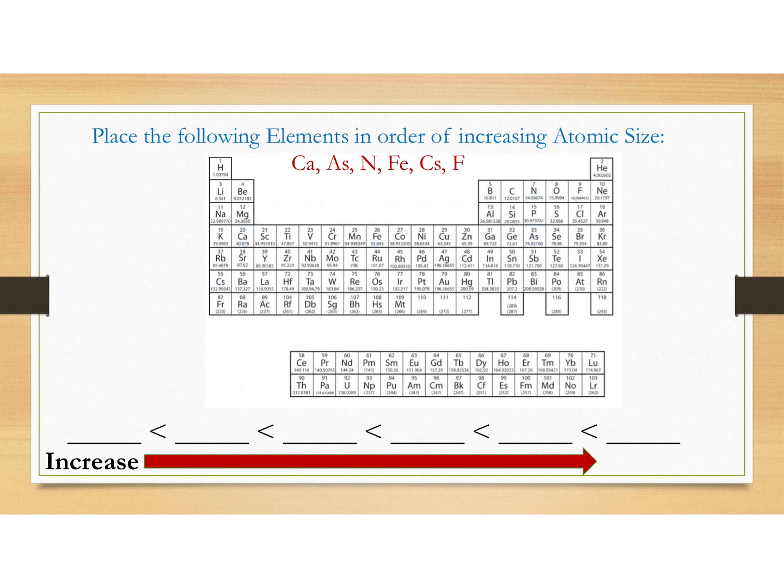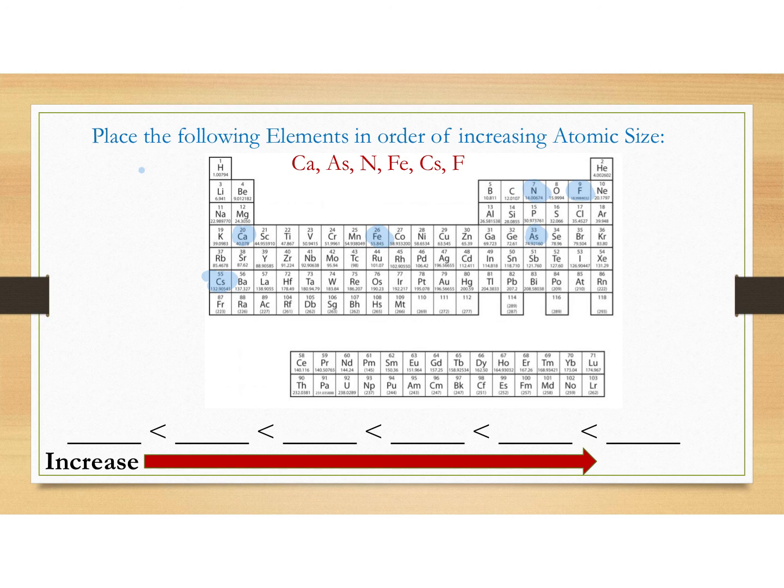Let's do another example. This time, it's asking to place the elements in order of increasing atomic size. I have calcium, arsenic, nitrogen, iron, cesium, and fluorine.